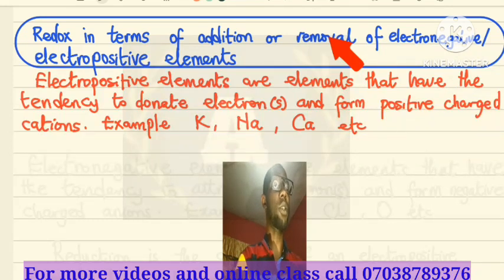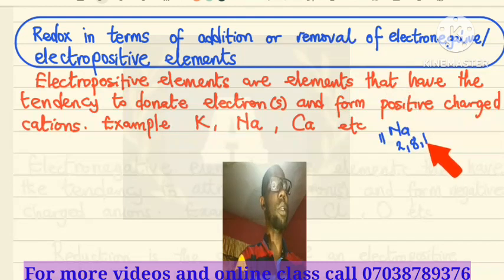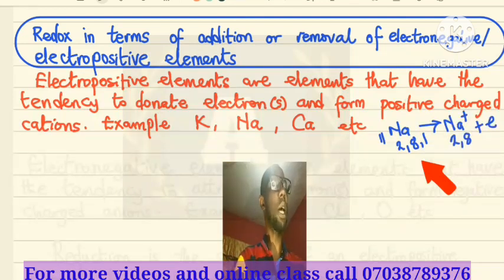Now look at sodium, for instance. It has atomic number of 11. When you draw the electronic configuration, it is 2,8,1. Meaning sodium can give out the outermost electron, and on giving it out, it is going to become Na+, which is now 2,8, losing an electron.